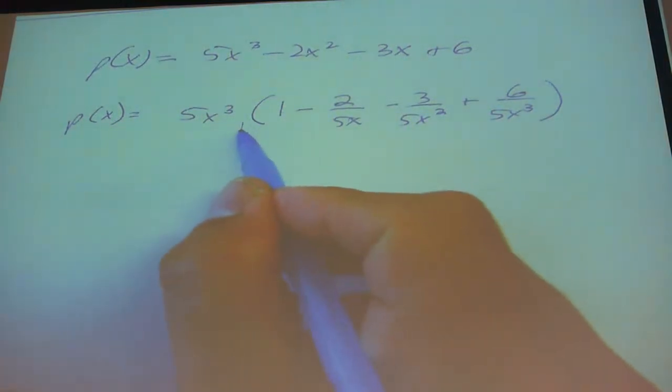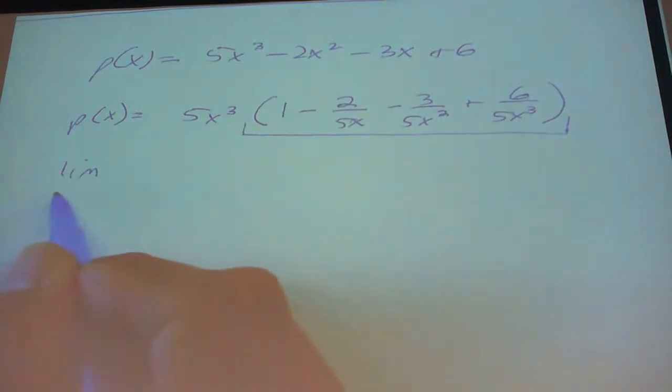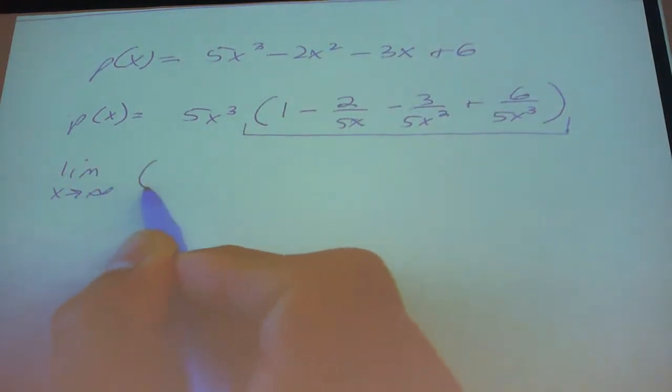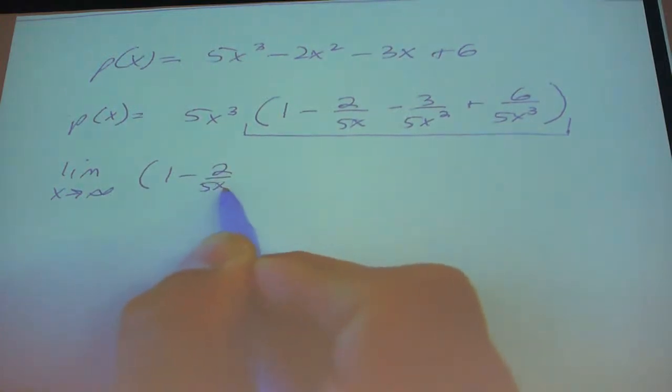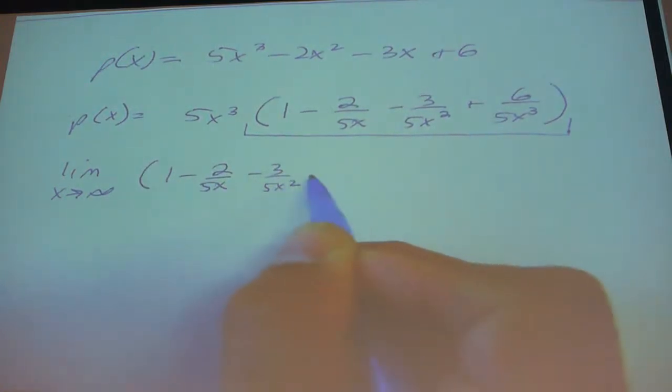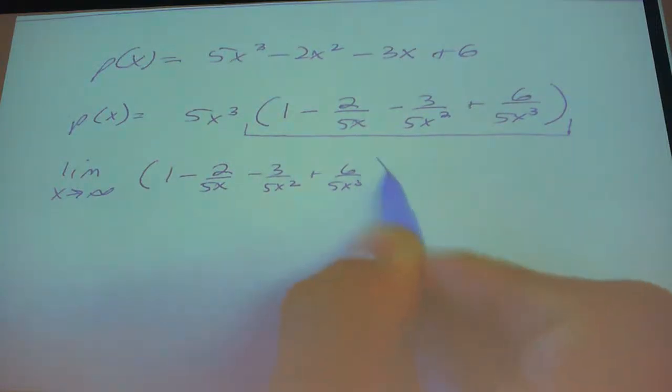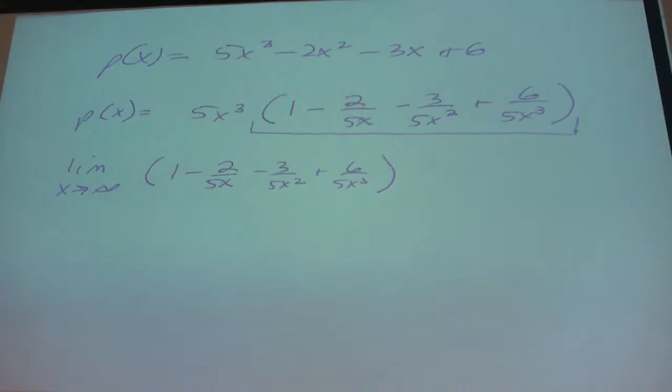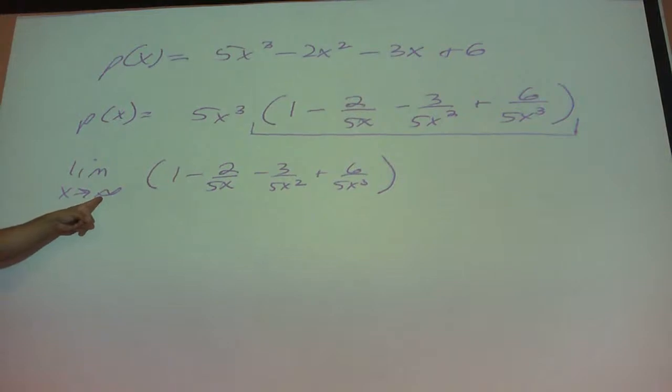If we focus on this part only, and I take the limit as x approaches infinity of just this one part, going back to that previous page, what they were trying to say is this. If we're taking the limit as x approaches infinity, infinity is a really large number.